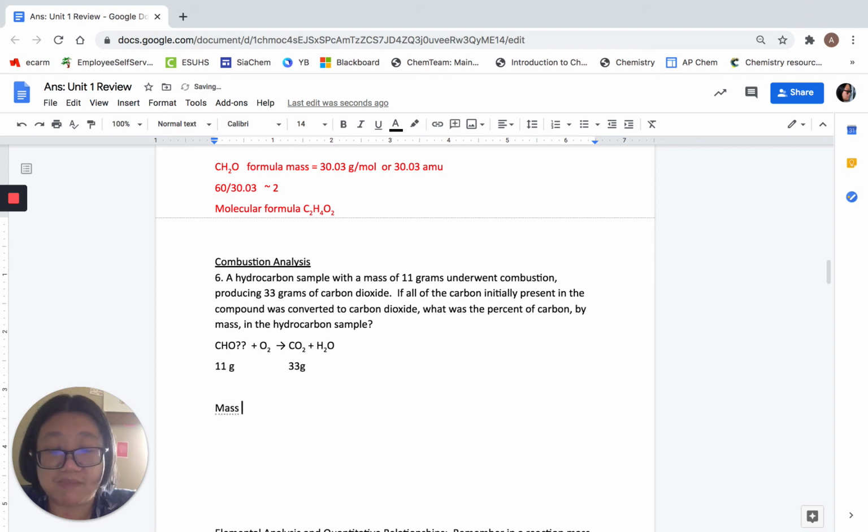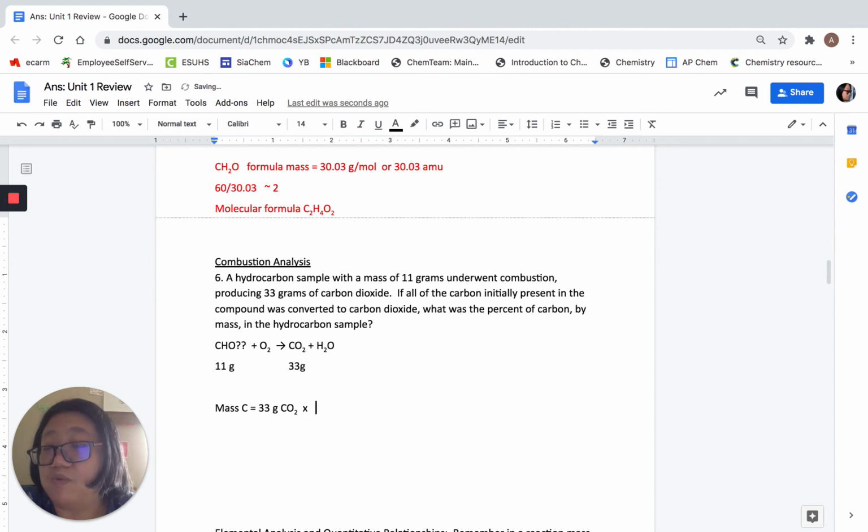So I want to say mass of carbon is going to be equal to, coming from the carbon dioxide amount, which is 32 gram CO2. By the way, I wrote my O wrong. O should not be this, O should be this. Okay. So mass of CO2.